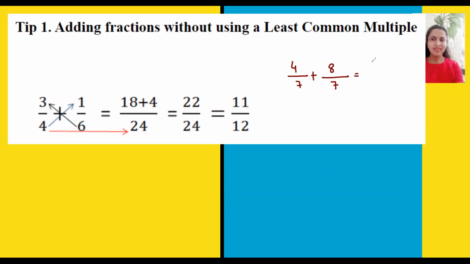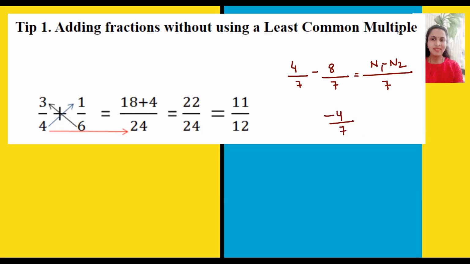Here also the numerator will be added to the numerator and the denominator will stay as it is. So 12 by 7. The same holds if the sign is minus. So it will be minus 4 by 7.